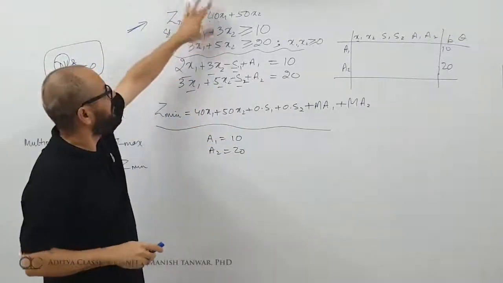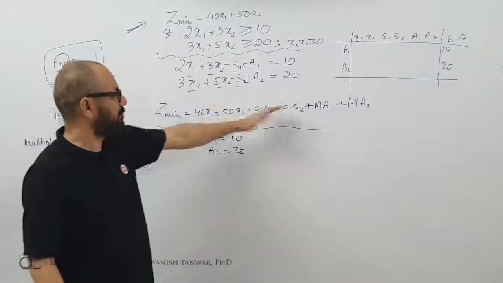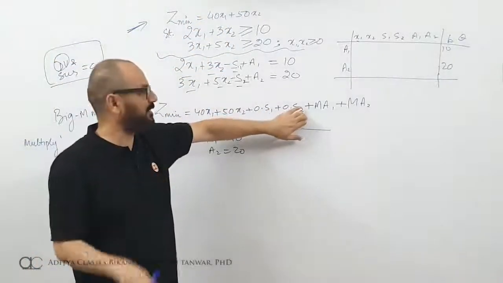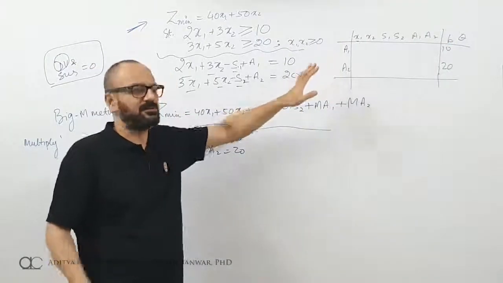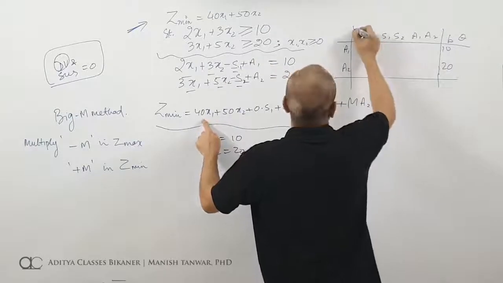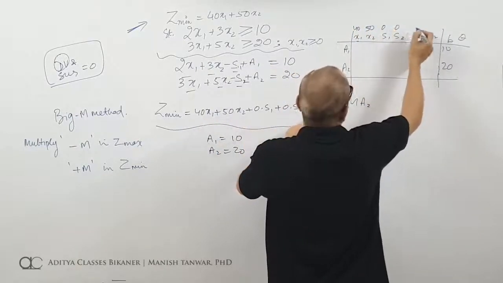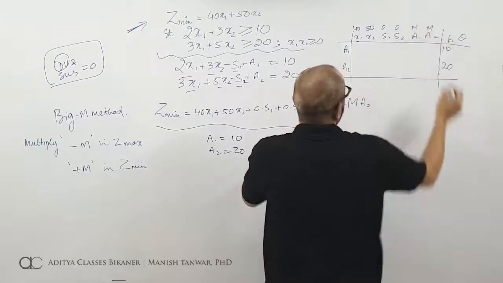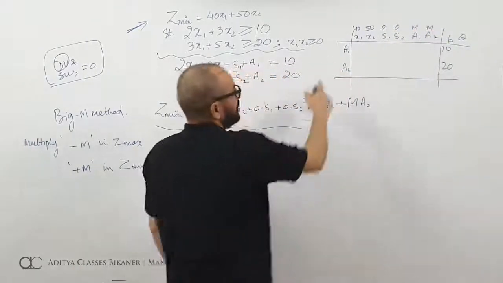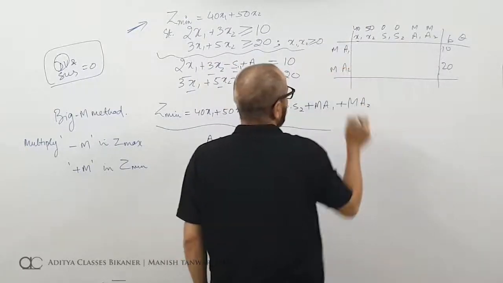Earlier there were only 2 variables, it contained those. In previous questions there were only slack variables, it contained those up till this point. Today we have artificial variables, it contains all those variables also. So these are my variables. What are their contributions? Their contributions are 40, 50, 0 and 0, M and M. Here we have contribution of A1 which is M, M.